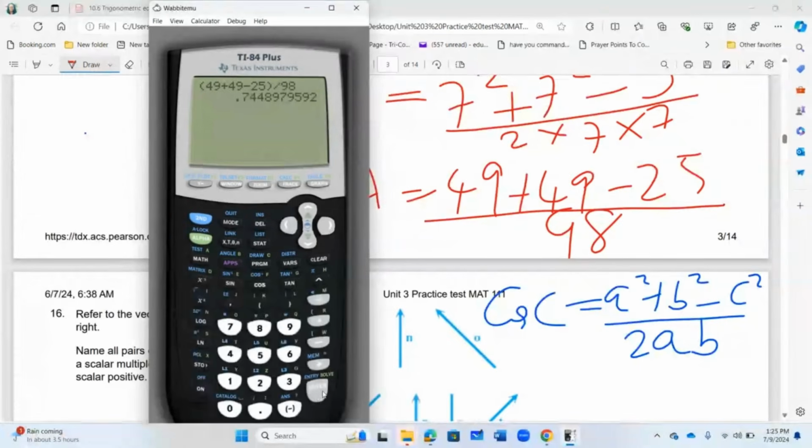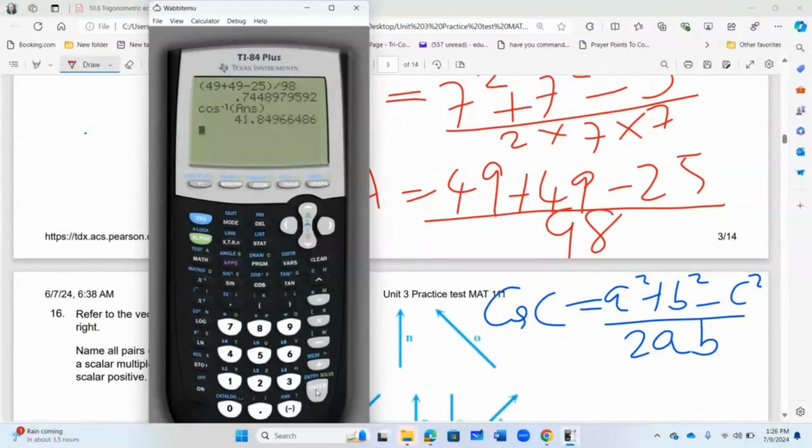I'll do cos inverse. I'm finding this angle in degrees. So let me go to my mode and make sure that mode is in degrees. Okay, I'm solving in degrees. So second, cosine, cos inverse of this quantity, second answer, close parenthesis.